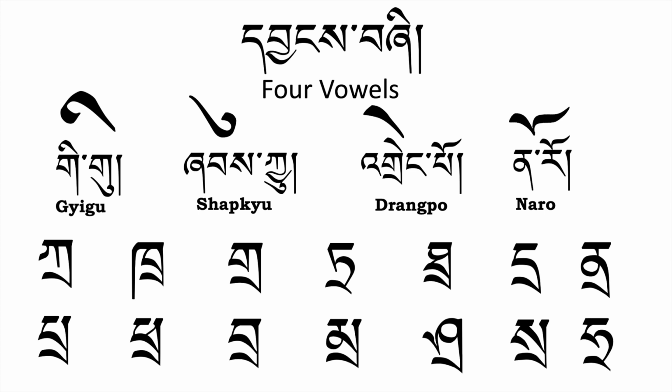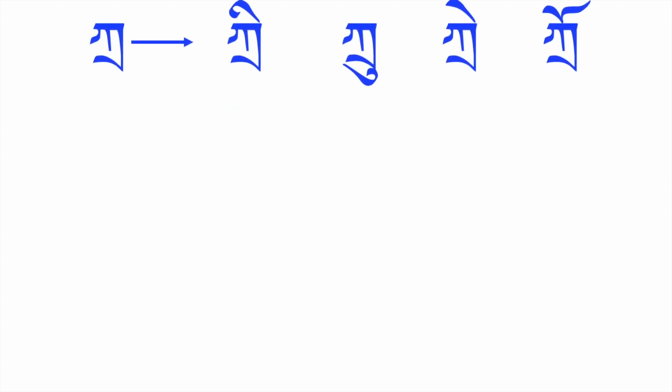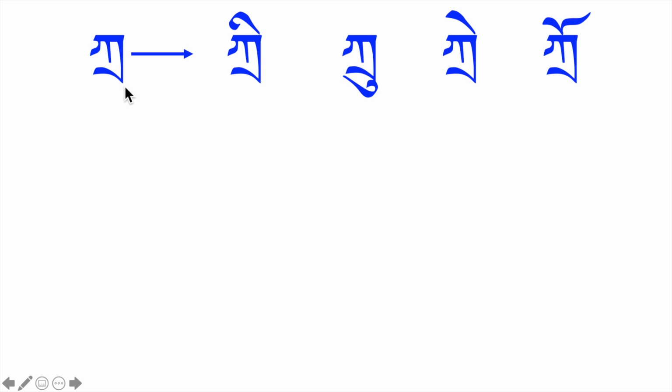We're going to put the 4 vowels with the 14 rata and read them correctly one by one, so that way we can pronounce correctly. Okay, let's start. Ka rata ta, ka rata ta ki gu ti, ka rata ta shabkyu tu, ka rata ta dengbo te, ka rata ta naru to. Ti tu te to.